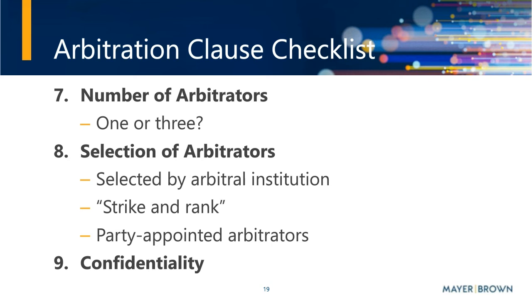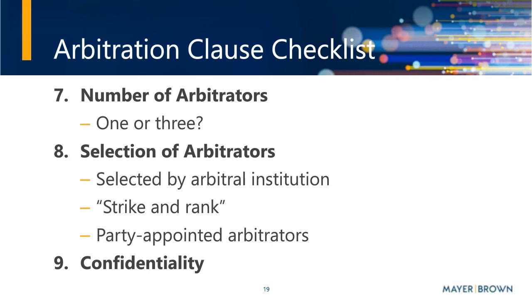Number 8, the selection of the arbitrators. This is critically important because the arbitrators are obviously the decision makers, and the identity of the decision makers can in some cases be outcome determinative. There are a number of possibilities here. We've selected only 3 leading.